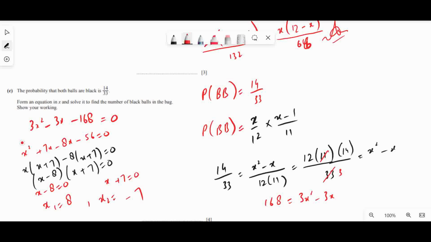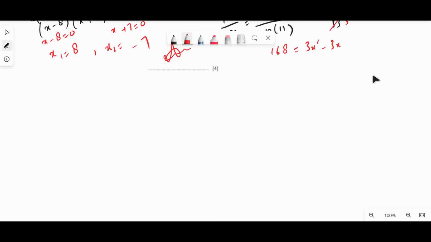So this will be x square minus x minus 56 is equal to 0. This is called reverse engineering and this will be the final answer. Let's move to the next question.